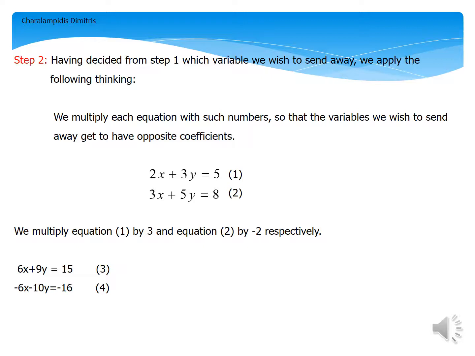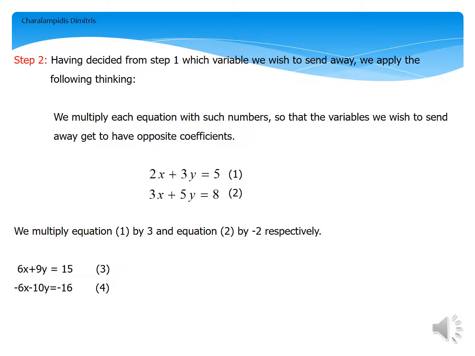Remember that we initially had the system that contained the equations 2x plus 3y equals 5 and 3x plus 5y equals 8. Remember also that we decided in step 1 to send away the x variable. So, one way we actually do that is we multiply each equation with the coefficient of the variable we want to send away of the other one.